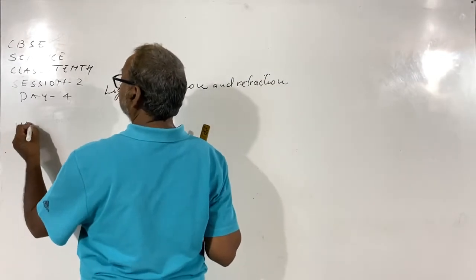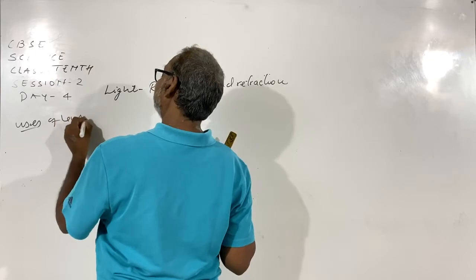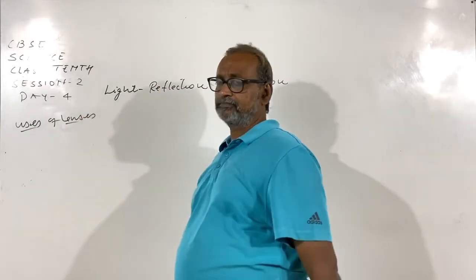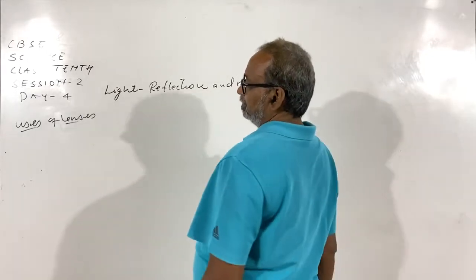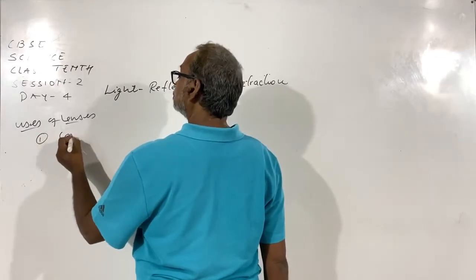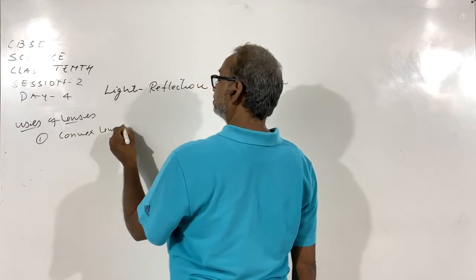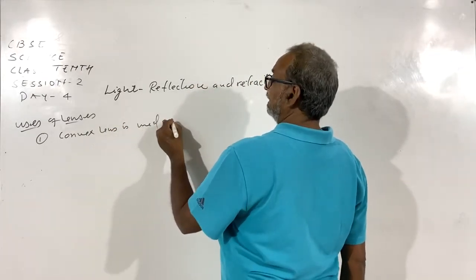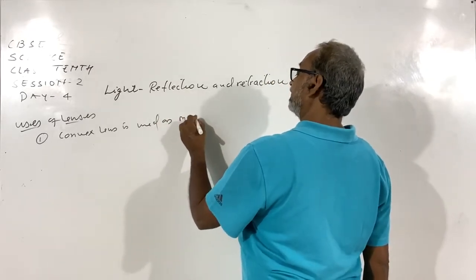Now we discuss uses of lenses. A convex lens is used as a simple microscope or magnifying glass.